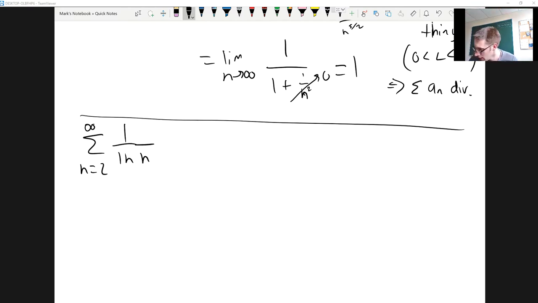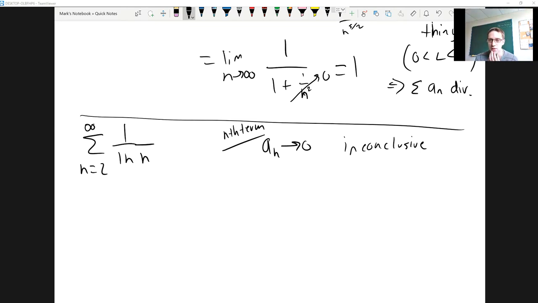They go off to infinity, so the nth term test would say, well, an does go to 0, so that's inconclusive. But the fact that the denominator grows slowly, which means the terms go to 0 slowly, suggests that maybe this is going to be divergent. Because ultimately, again, we want terms to go to 0 quickly to get convergence.